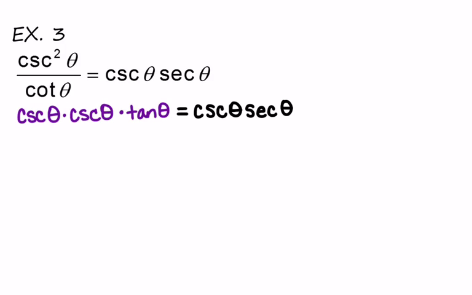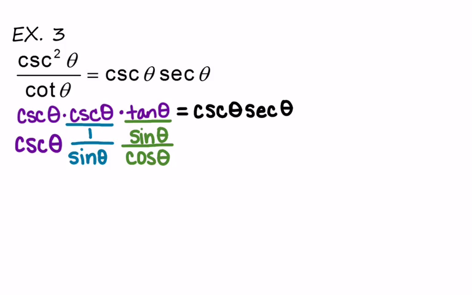I know I need to keep one of the cosecants, so I'm going to keep that first one and see what I can do to these other trig functions. The second one, I'm going to change to 1 over sine theta using the reciprocal functions. And then tangent, I'm going to change to sine over cosine using the quotient identities.